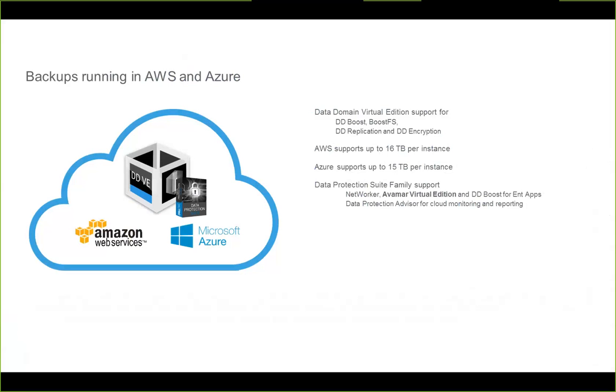Data Domain Virtual Edition supports up to 16 terabytes per instance with AWS, and up to 15 terabytes per instance with Azure. You can also deploy the full data protection suite, whether you use Networker or Avamar Virtual Edition. All of the DD Boost functionality, BoostFS, the replication, the encryption, all of that functionality is the same whether you're using it in the public cloud or on-prem.